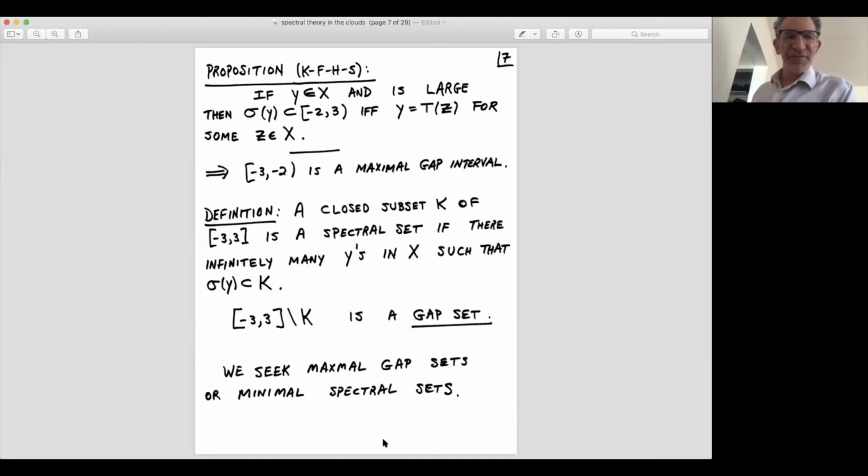It is a spectral set if there's an infinite sequence of 3-regular connected graphs whose spectrum is contained in that set. The complement is a gap set. So there's an infinite sequence of graphs which have none of that open set as part of their spectrum.